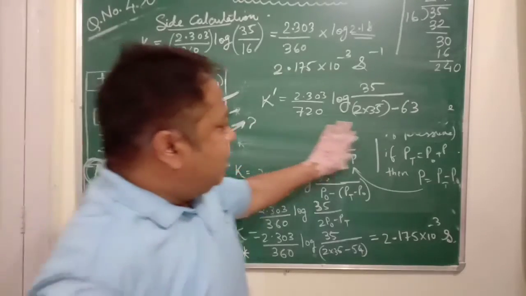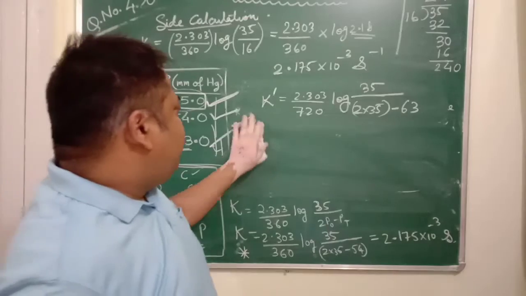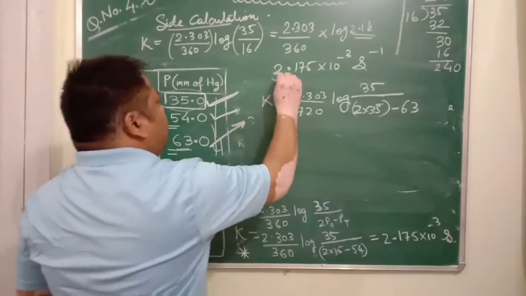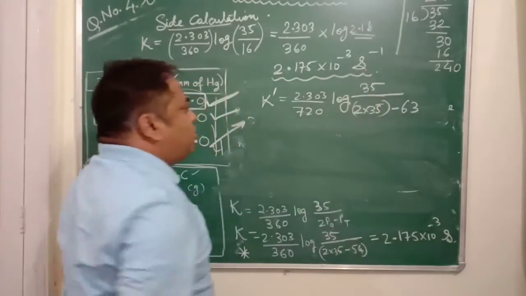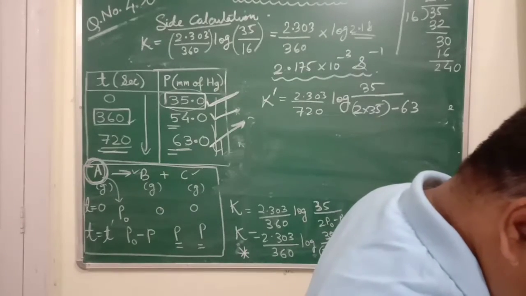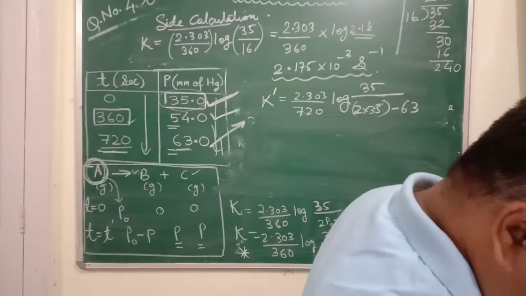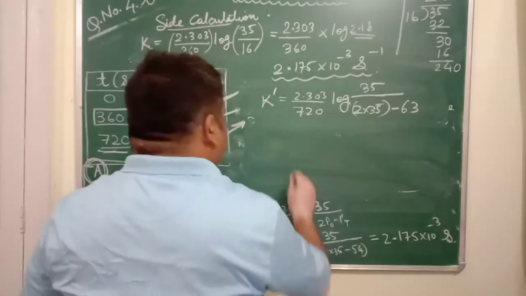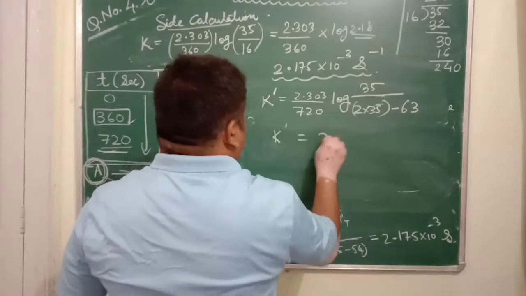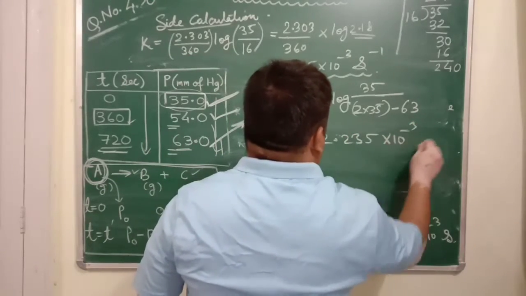If you do the rigorous calculation of this, you will get a value which will be close to this value, because the rate constant remains constant throughout the reaction. So the second value will come out to be k dash equal to 2.235 into 10 to the power minus 3 per second.